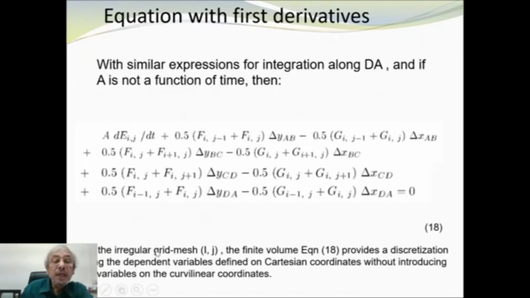So for the irregular grid mesh, the finite volume method provides a discretized equation using the dependent variables defined on Cartesian coordinates.